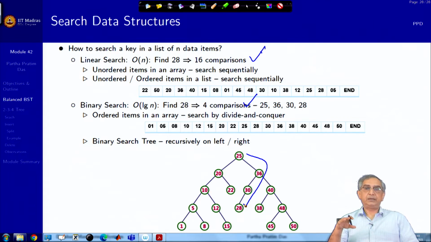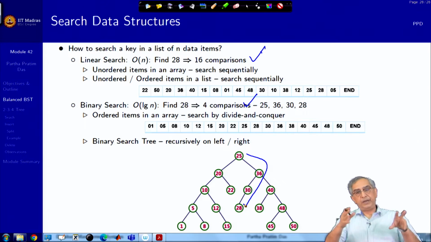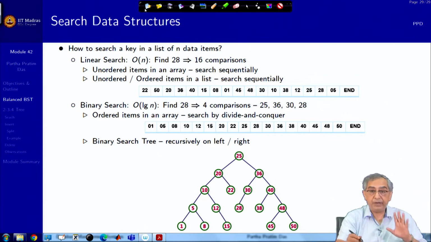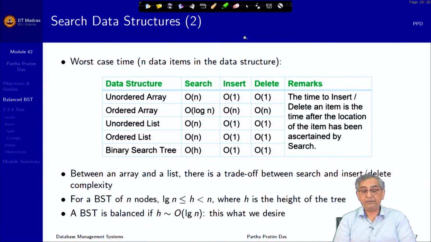And once the search is efficient, then insertion or deletion can also be done efficiently by manipulating a few pointers. Right. So, that is what we have learnt at the fundamental level.